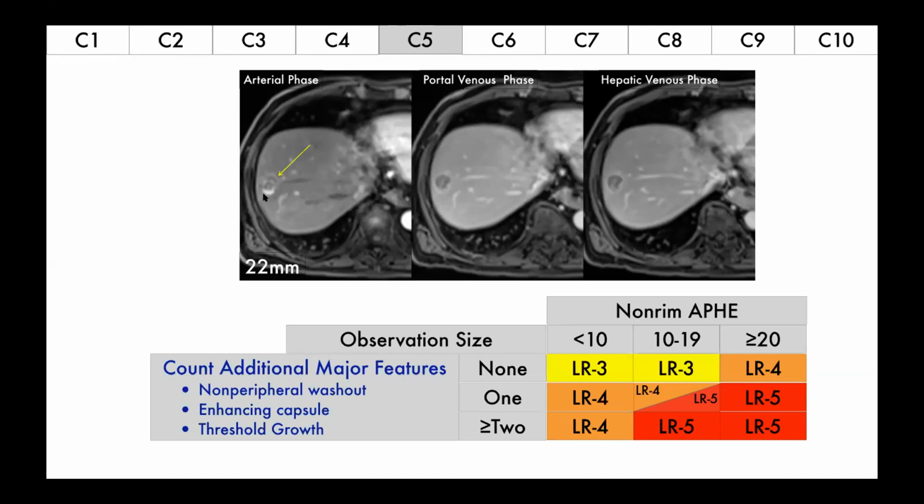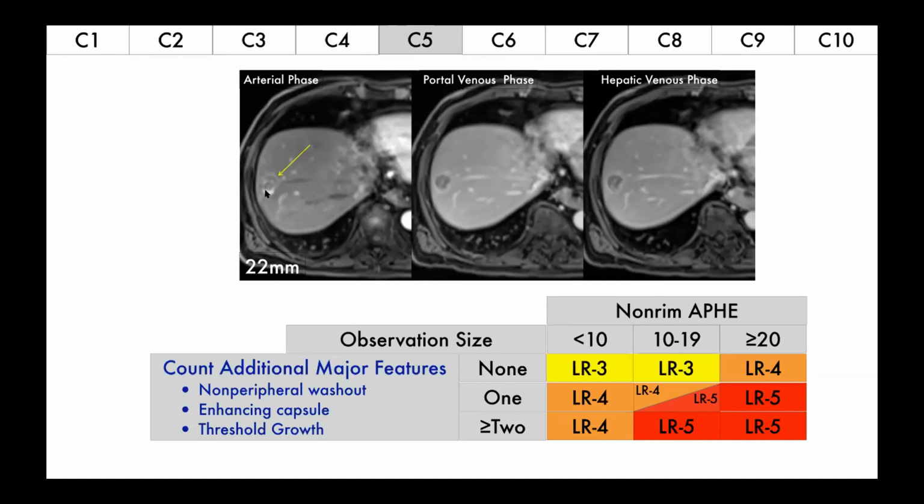Whereas the pattern of enhancement which you get on the arterial phase is not the capsule enhancing, but the periphery of the tumor itself, which is enhancing here. So this again fits into a non-rim-like pattern of enhancement. There is a non-peripheral washout.